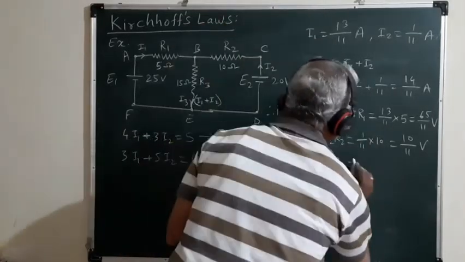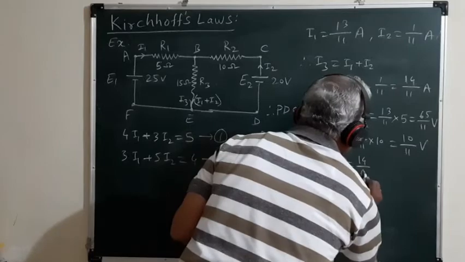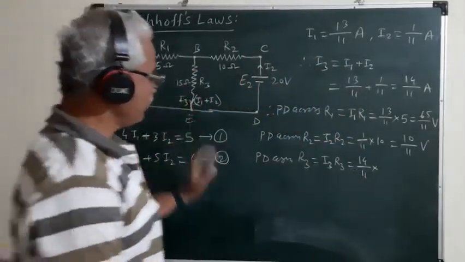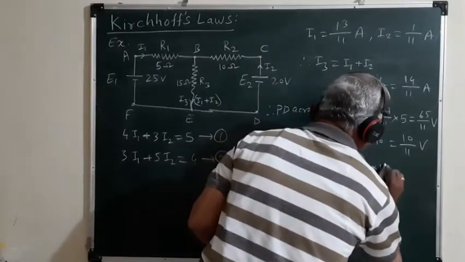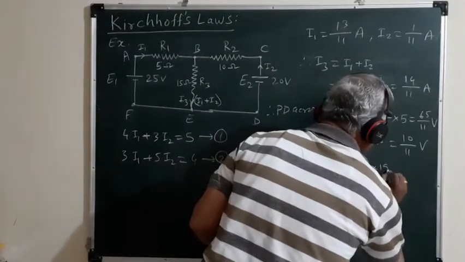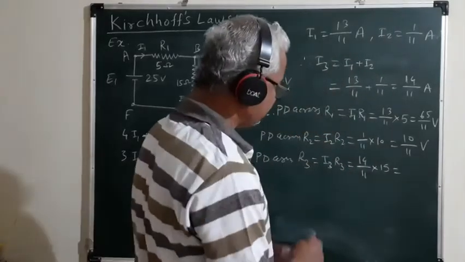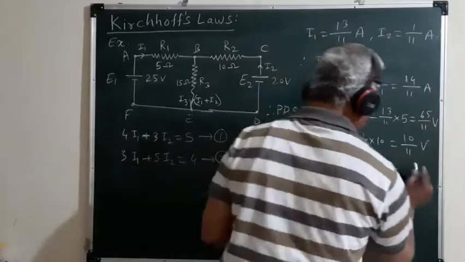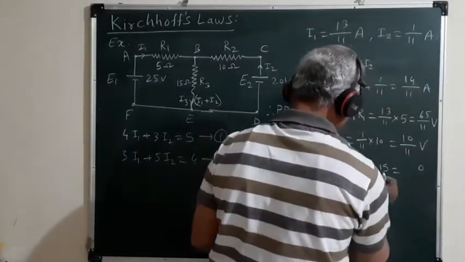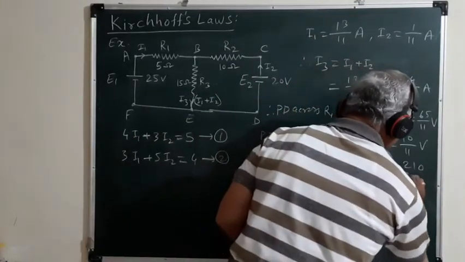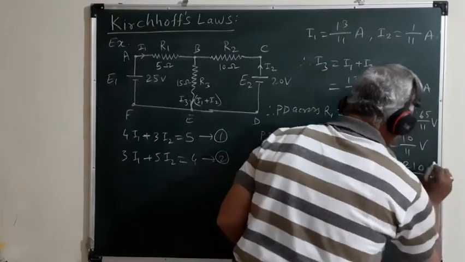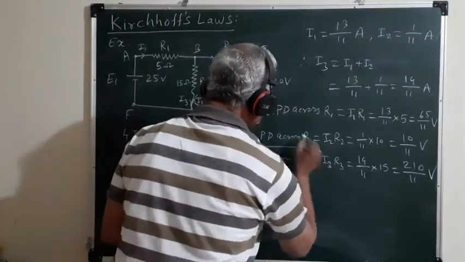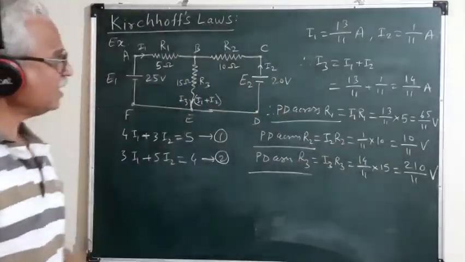I3 is 14 by 11 ampere multiplied by R3, which is 15 ohm. So this is equal to 210 divided by 11 volt. So these are the potential drops across the resistors R1, R2 and R3.